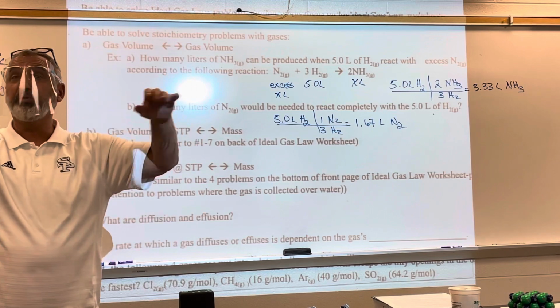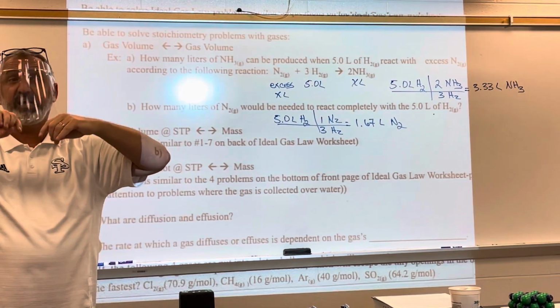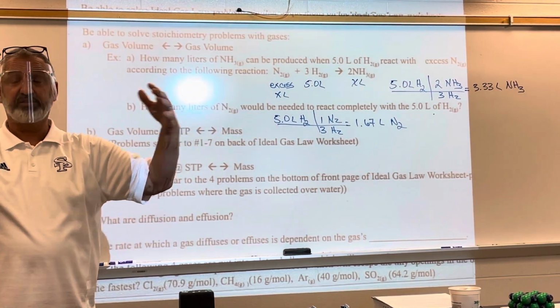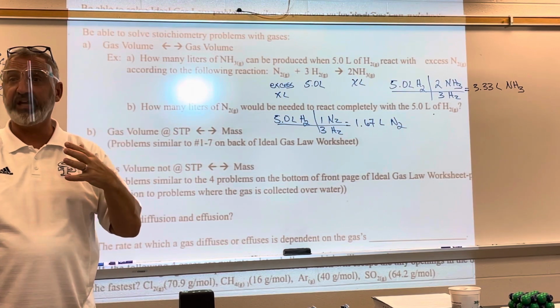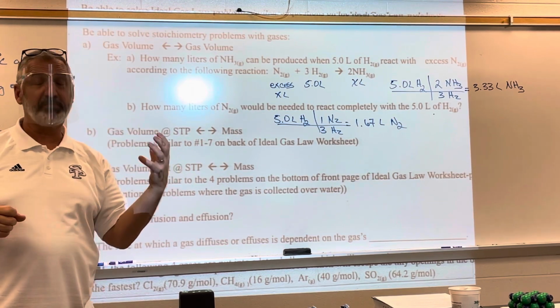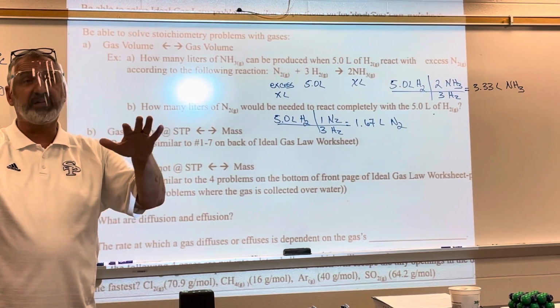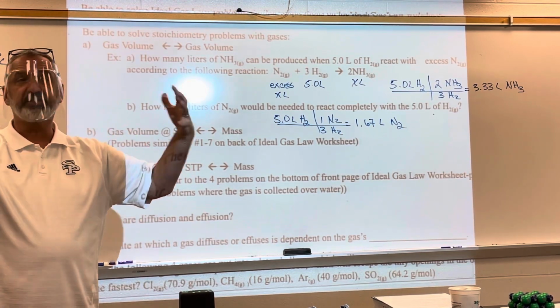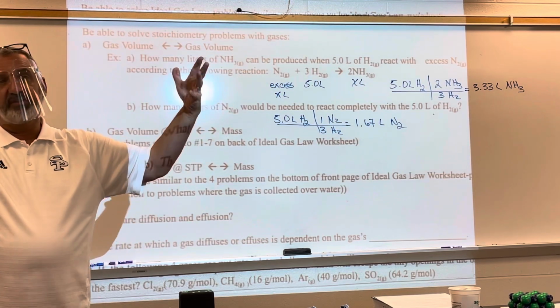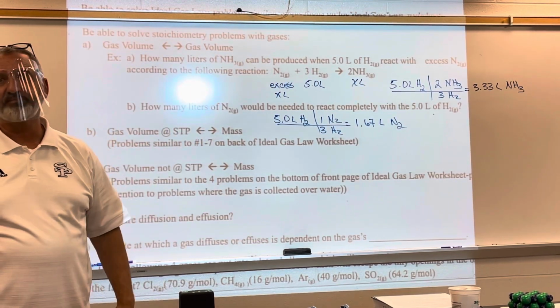Still going to be colliding with the walls the same number of times whether the nitrogen's here or not. So the pressure of the oxygen's not going to change. Gases all act independently because there's no attractive forces, they're all spread out. They're just floating around doing their own thing.